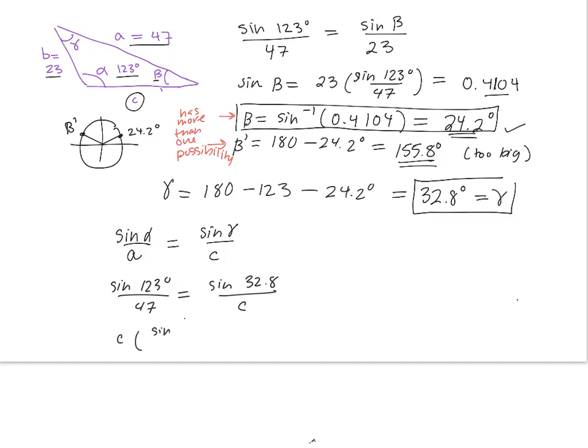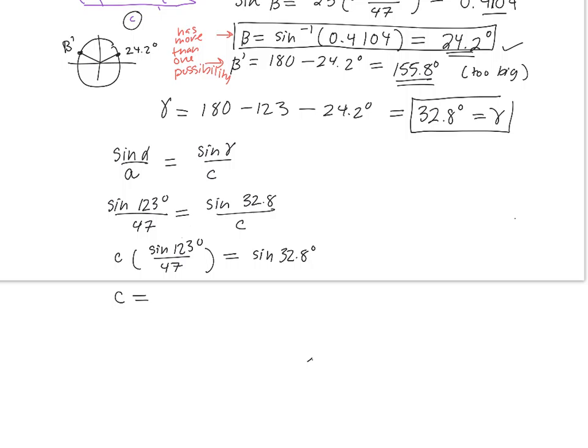C times sine of 123 over 47 will equal sine of 32.8. And so what's C going to equal? Times 47 over sine of 123. Okay, so just tell me what that is. 30.3, that's 30.4. Okay, 30.4.